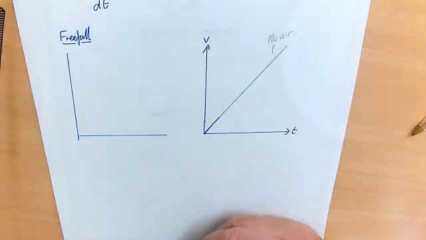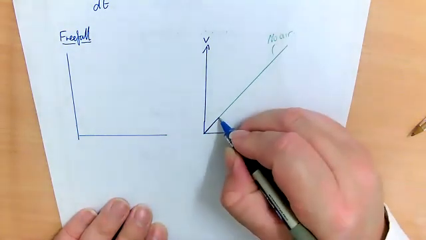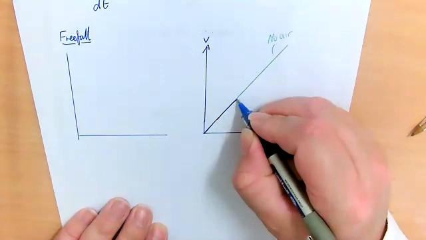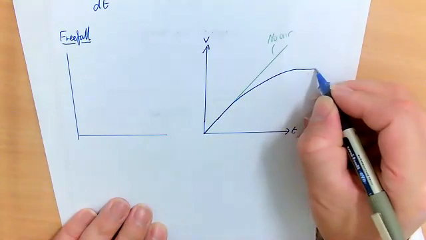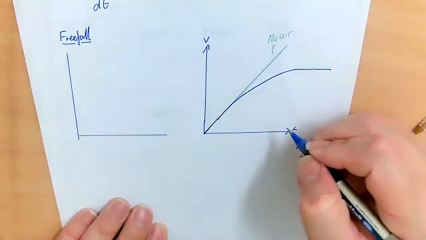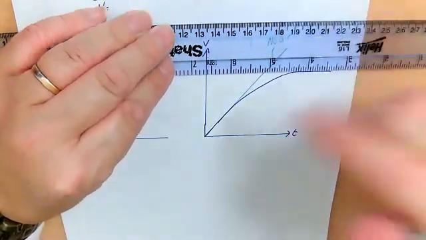This means that the net force on the free falling object is going to be less because there's going to be more counterforce from the air resistance. If the net force is less, force is proportional to acceleration if the mass is constant, so the acceleration becomes less. So the gradient of your velocity time graph becomes less until eventually you get to a point where the velocity is constant. And that's what we call, for an object free falling, the terminal velocity.